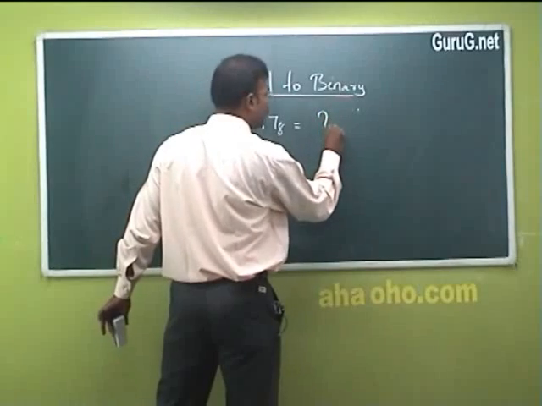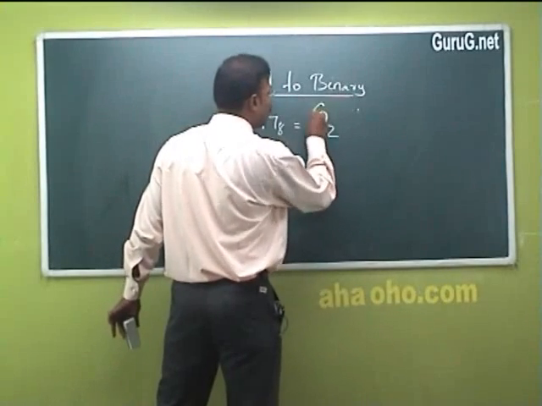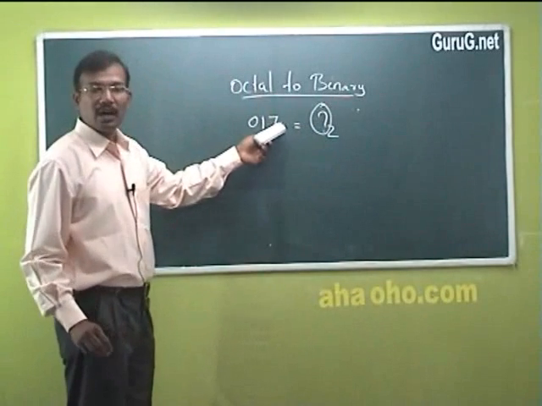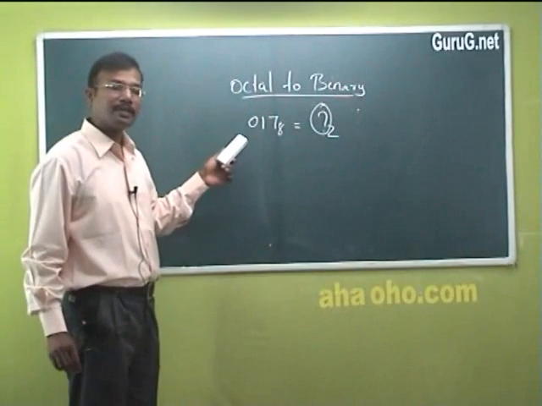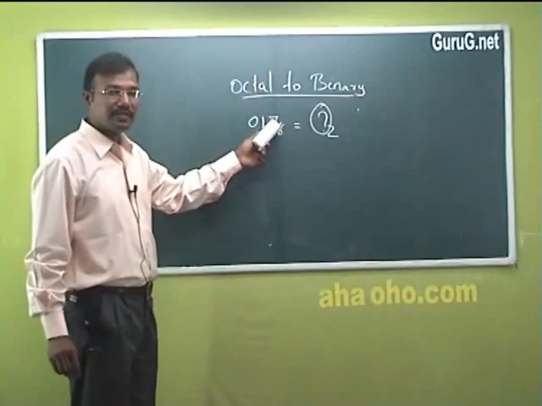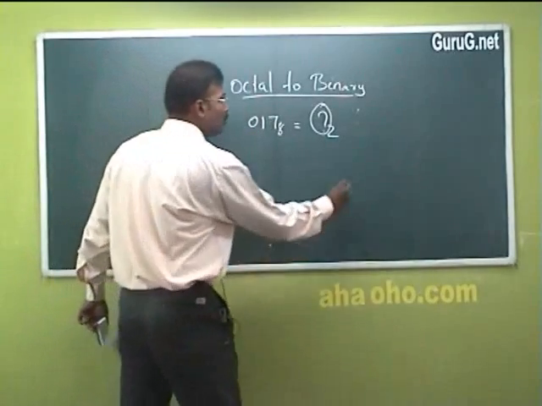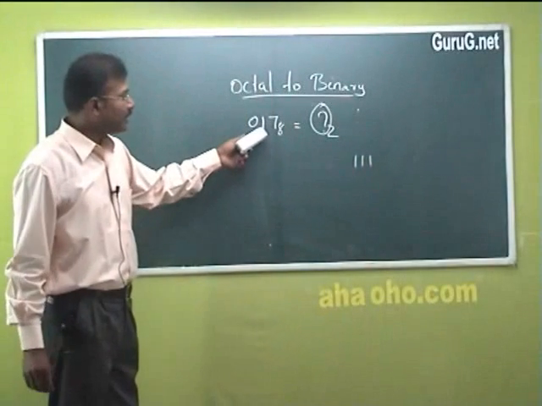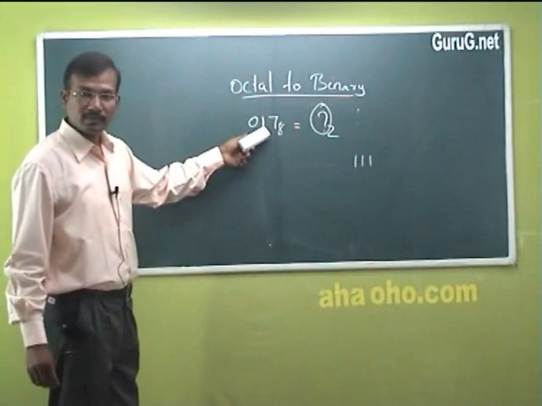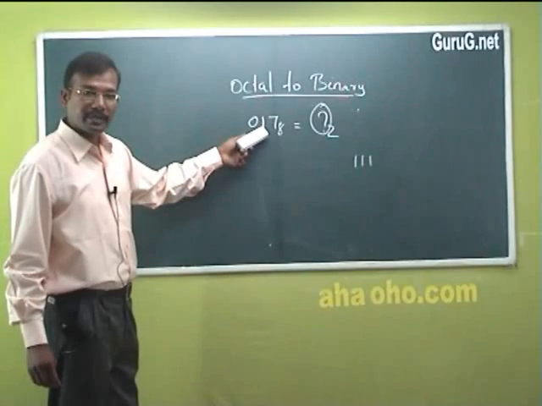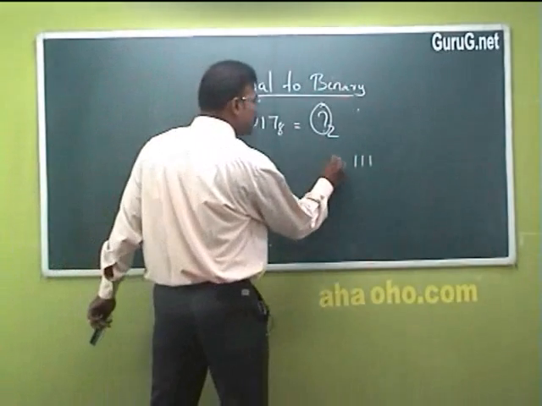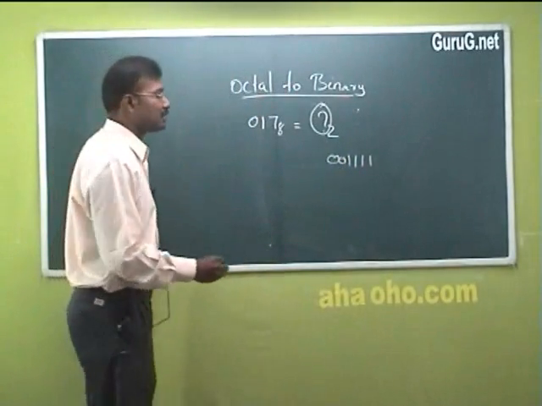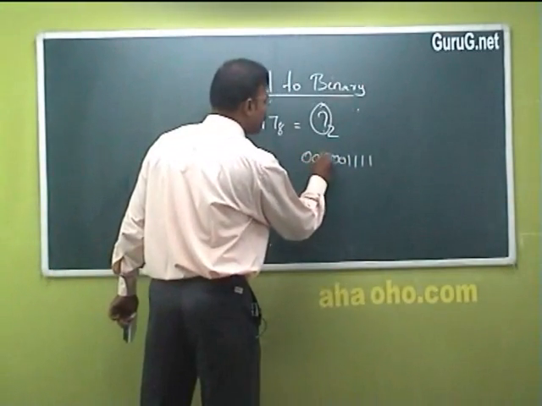How are we going to convert this particular value? Just see, we know the 7. What is the binary representation for 7 if it is given in octal? It will be equal to 1 1 1. After that, the value 1. What is the binary representation which we have used? It is 0 0 1. And for 0, the binary representation is 0 0 0.